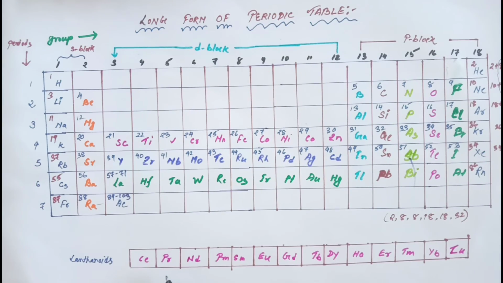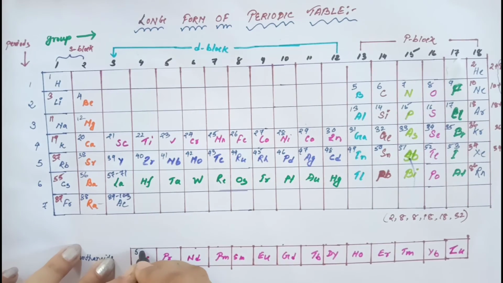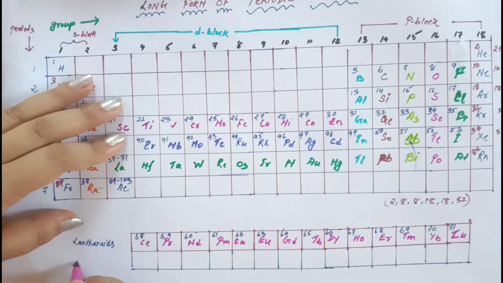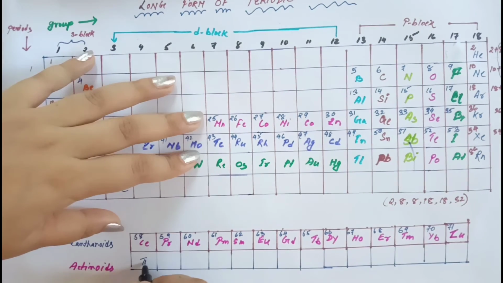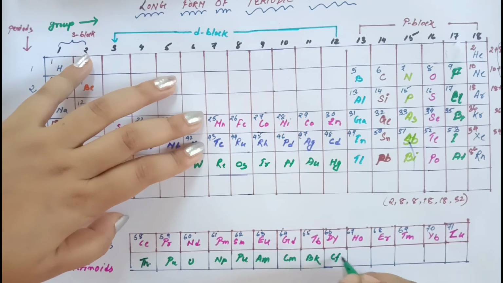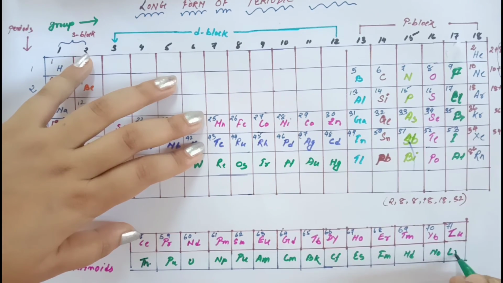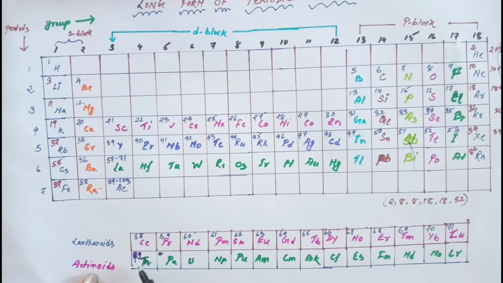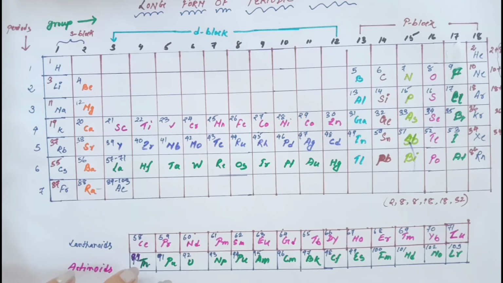So these all elements are known as lanthanoids, and it contains the elements with atomic number 58 to 71. And these are known as actinoids, and it contains the elements having the atomic number 90 to 103, and all these elements are known as F block elements.